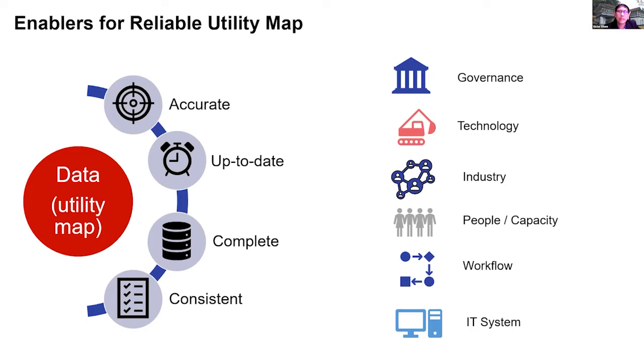Workflow in capturing and managing these data sets all the way to the usage of the data set. And in today's context, we are talking about digital data. IT systems is important for us. So we have different programs that look into the 6 components.